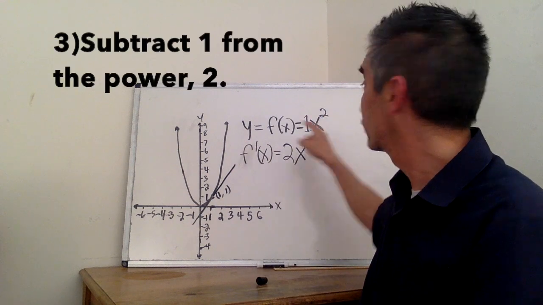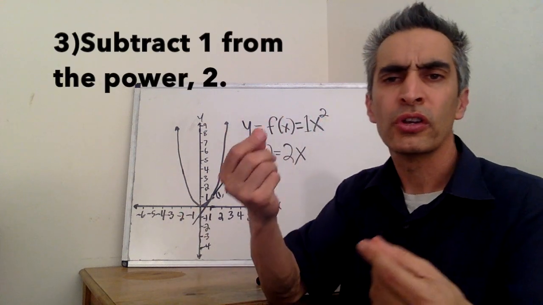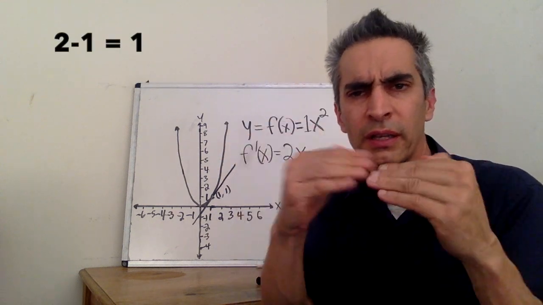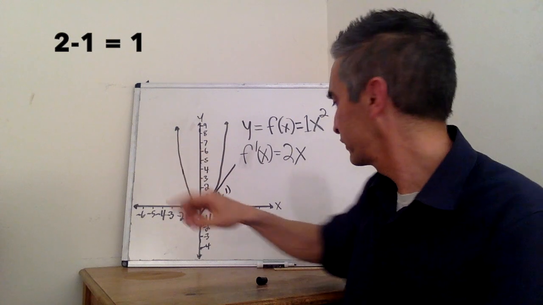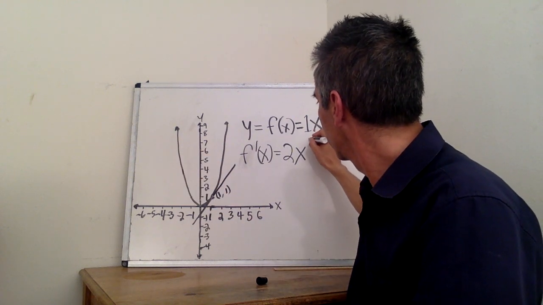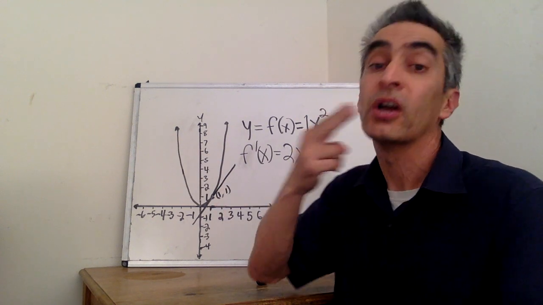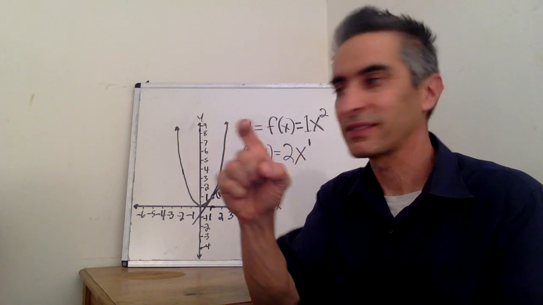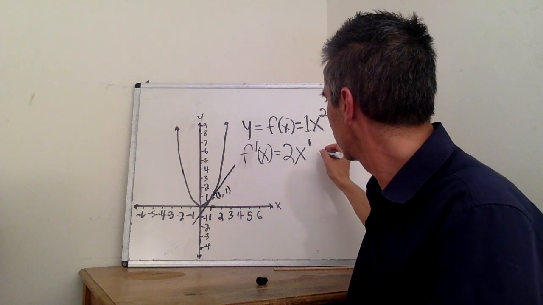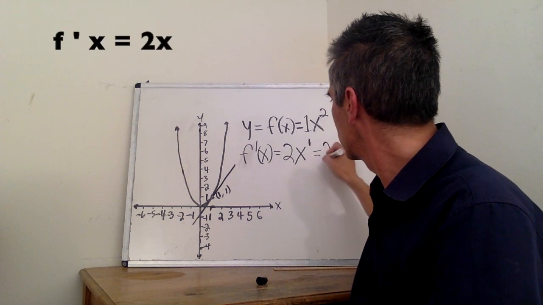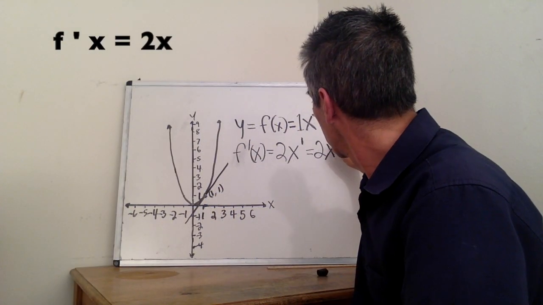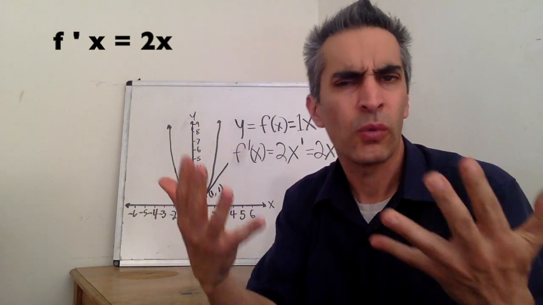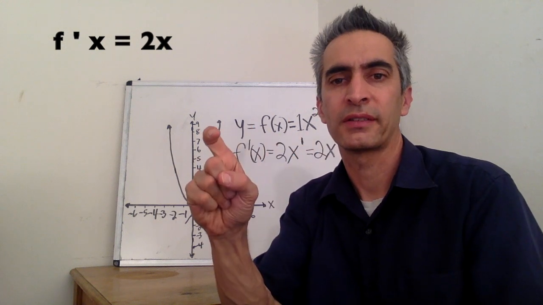Third, subtract 1 from the power 2. 2 minus 1 equals 1. Of course, x to the first power equals x. F prime of x equals 2x.